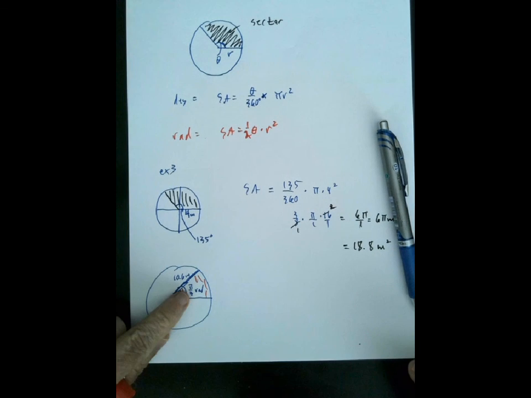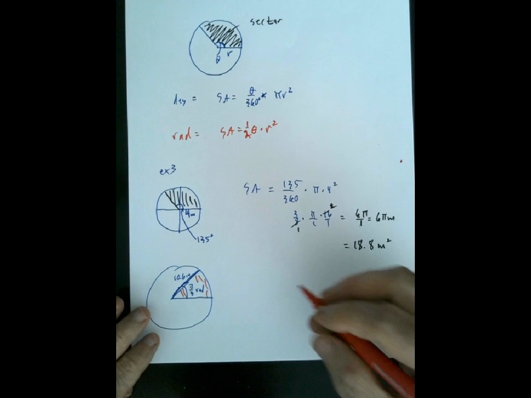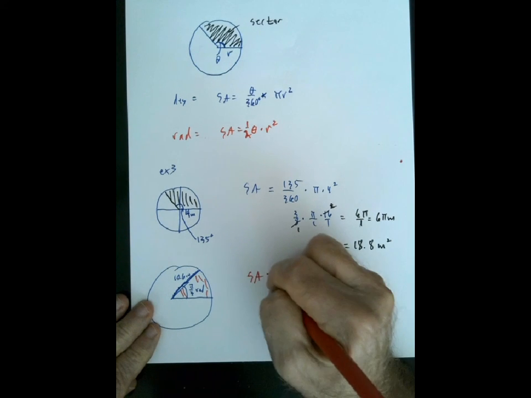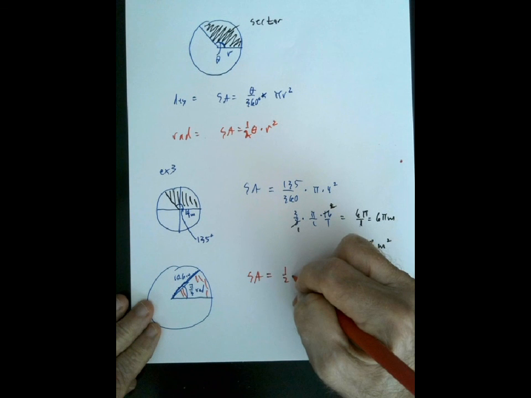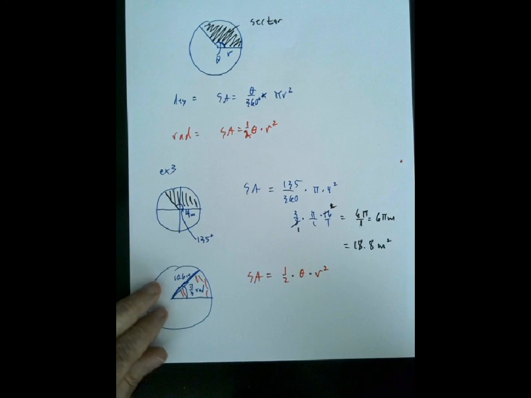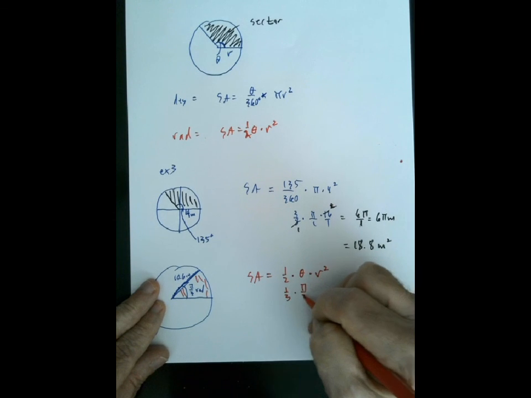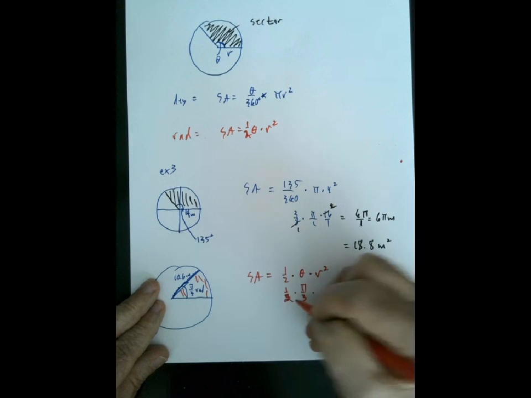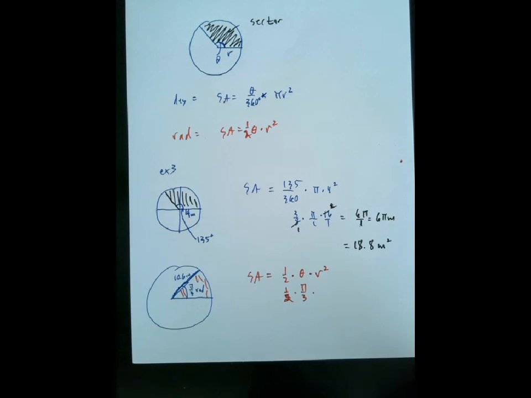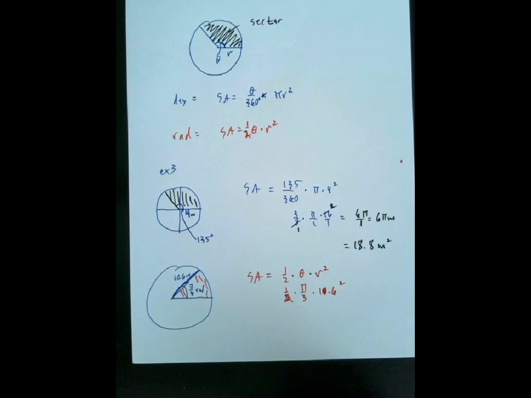Well, I gave you the angle in radians, so we're going to use the radian formula, 1/2 times theta times r squared. So that's 1/2 times pi over 3 times 10.6 quantity squared.